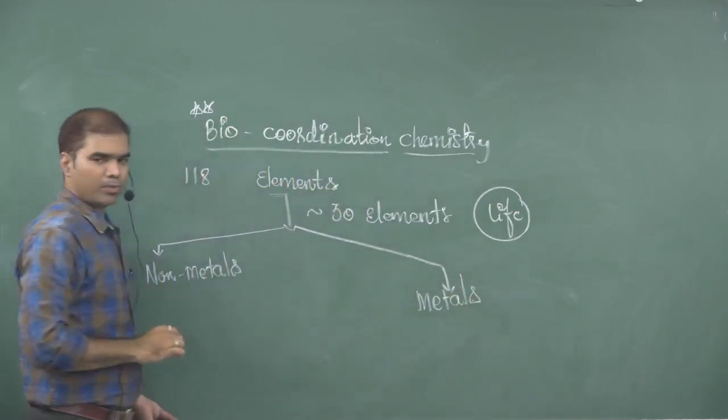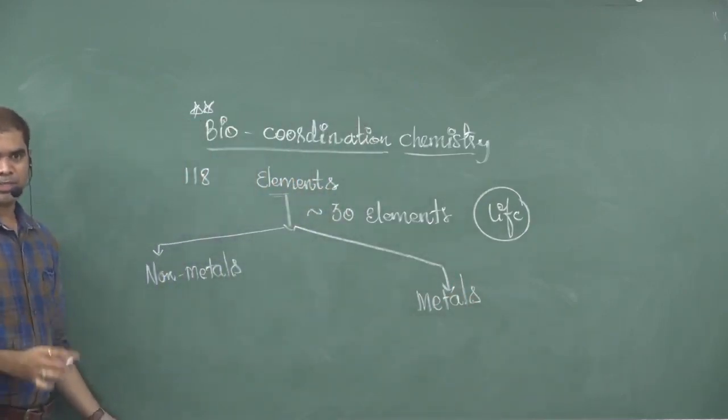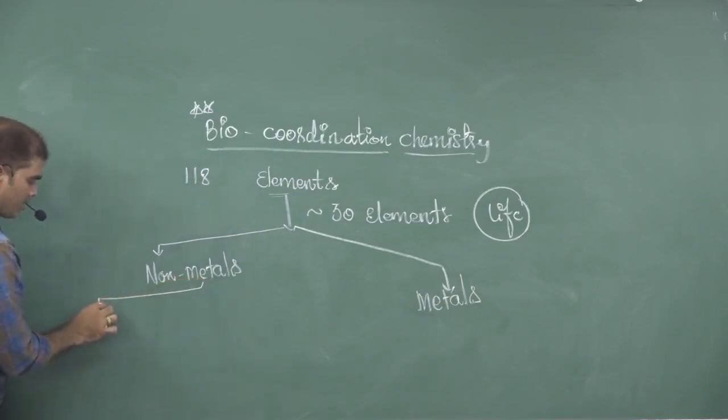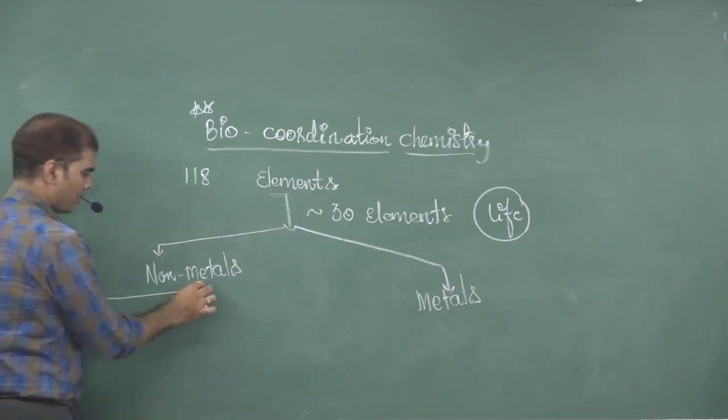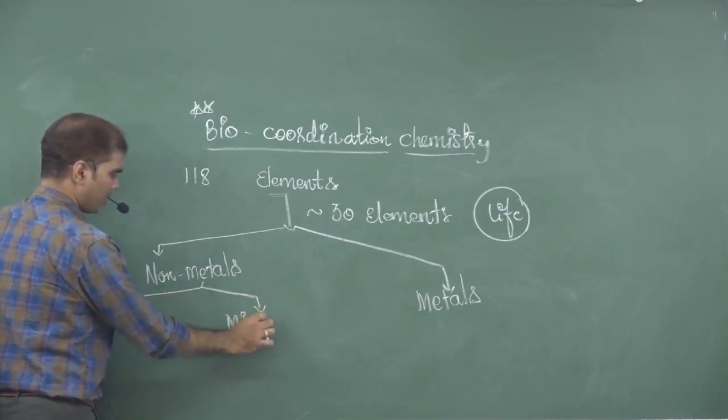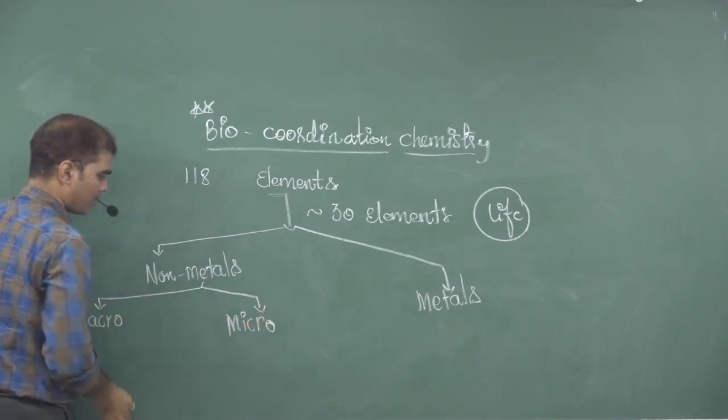Okay. So can you just name one or two non-metals? These non-metals I can further classify into macro and micro. Macro means at a larger level, micro means at a smaller level.